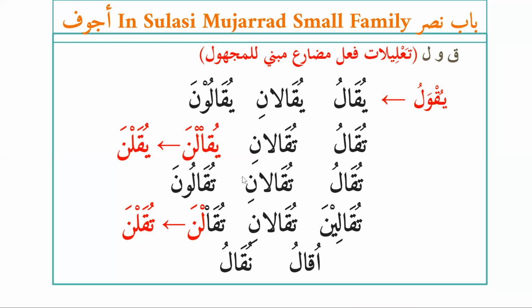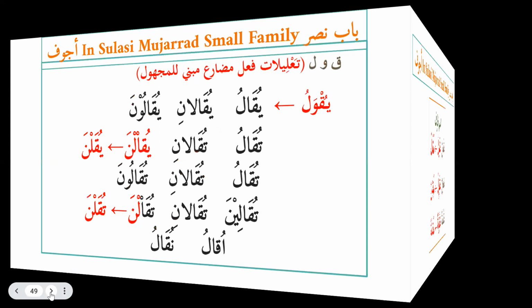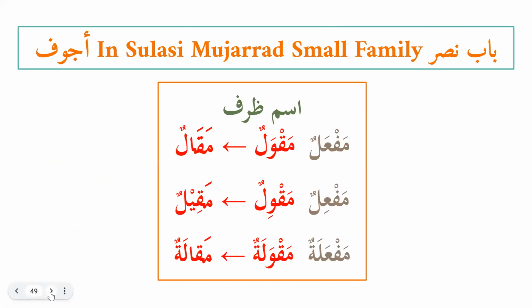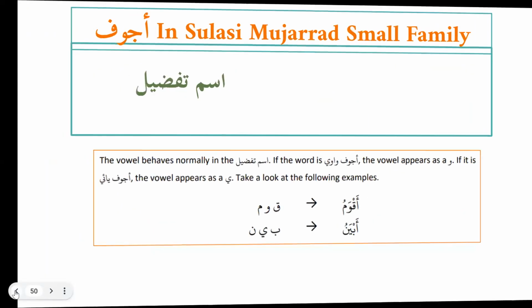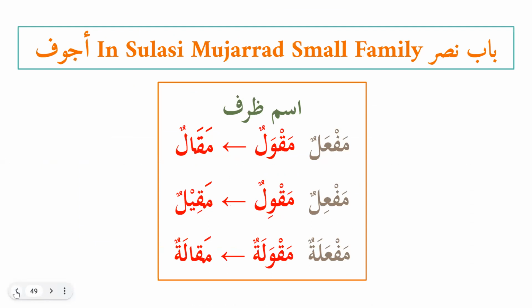Now we did the past passive, present passive, ism fa'il, and ism maf'ul. Moving on to ism zarf. Because commanding and forbidding, fi'l amr and fi'l nahi, we already did in the last lesson.